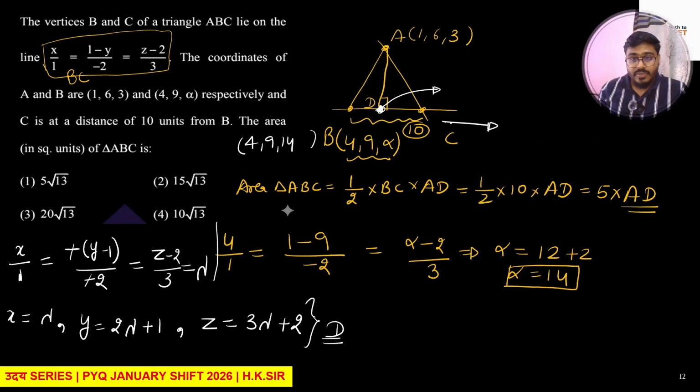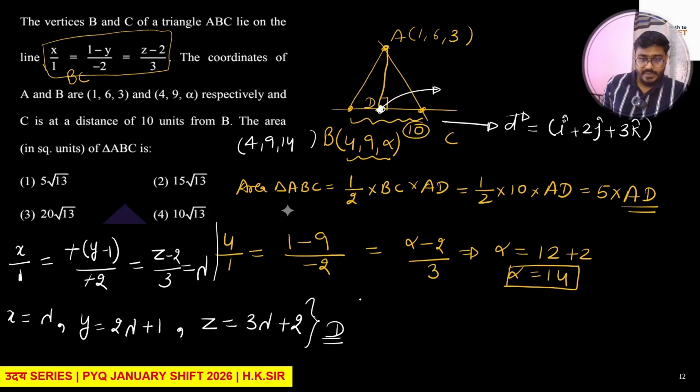Now we know the direction vector of the line. What is the direction vector? It is 1, 2, 3, meaning i cap, 2 j cap and 3 k cap. What about the AD vector? How to find the AD vector? D point is this one and A point is given.